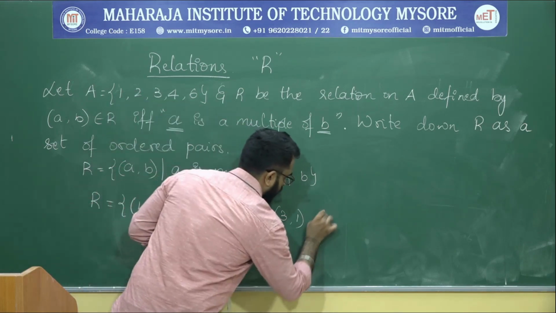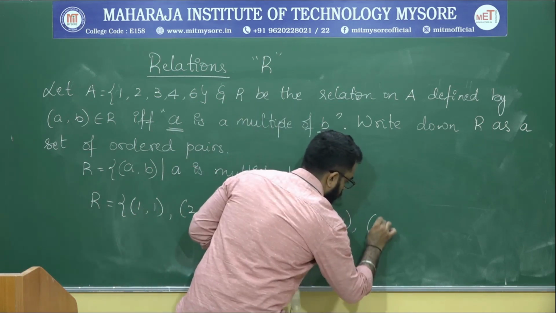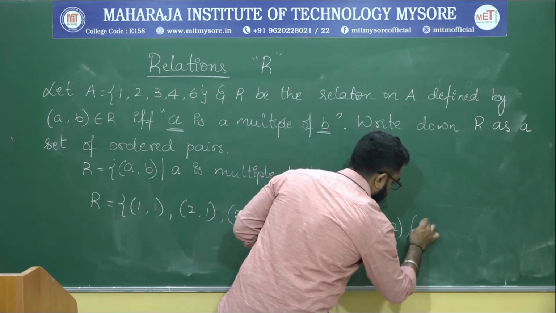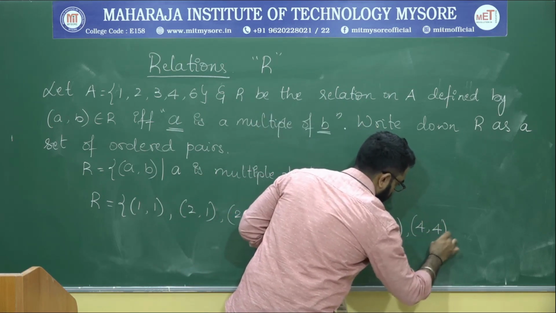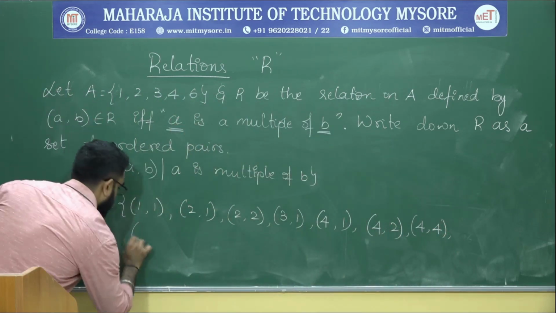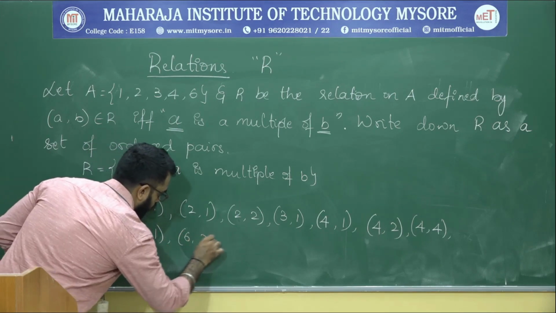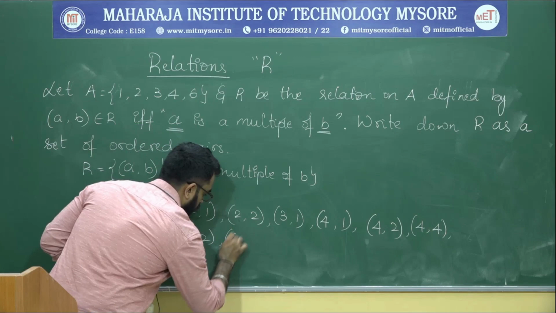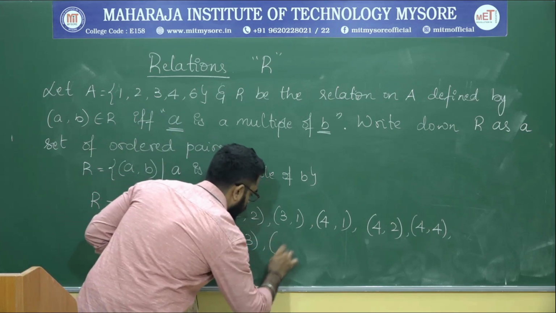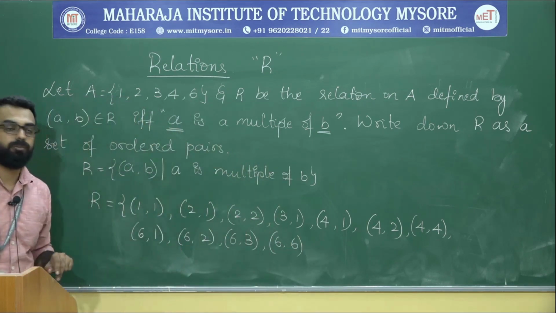No. So we can take (4, 1). Then it is (4, 2), 4 is a multiple of 2. Accepted. Similarly, (4, 4) is also accepted. Then when it comes to 6, it is (6, 1). 6 is a multiple of 2. 6 is also a multiple of 3. 6 is not a multiple of 4. So (6, 3), (6, 6).